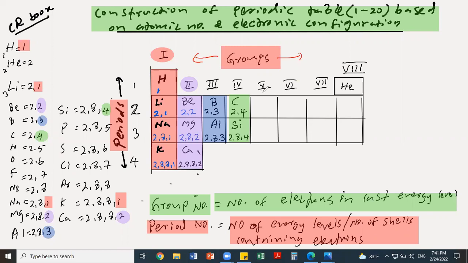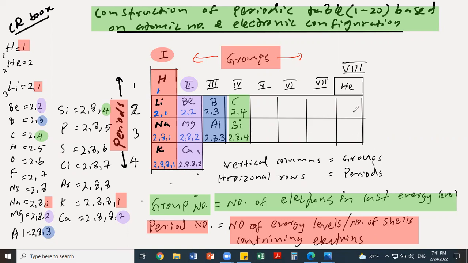Now we have to complete the 5th column, the vertical column. Vertical columns are called groups. Right below this table, write that vertical columns are called groups, and in your writing book, if you have some space at the bottom on the next page, horizontal rows are known as periods.